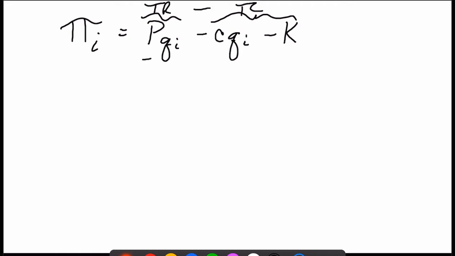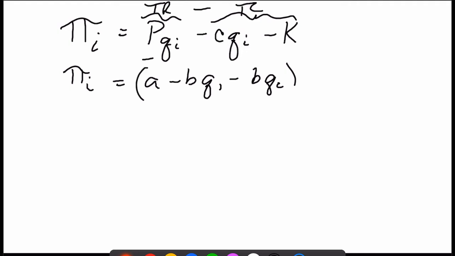Then we can substitute for the P in our equation with the demand curve, right? So that means the profit of firm 1 is (A minus BQ1 minus BQ2) times Q1 minus CQ1 minus K. Okay?